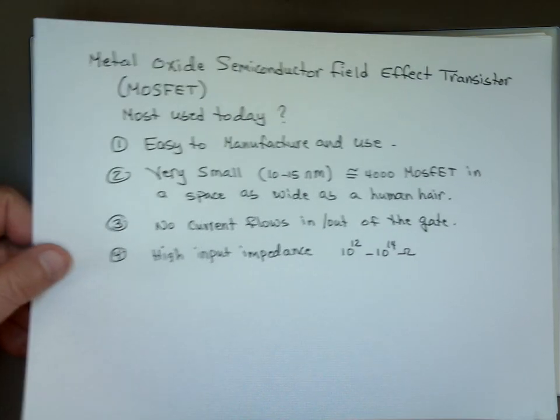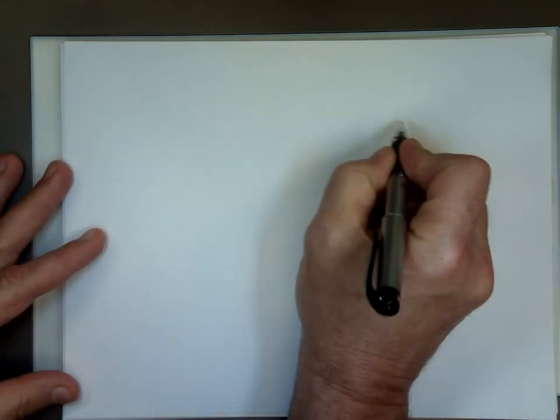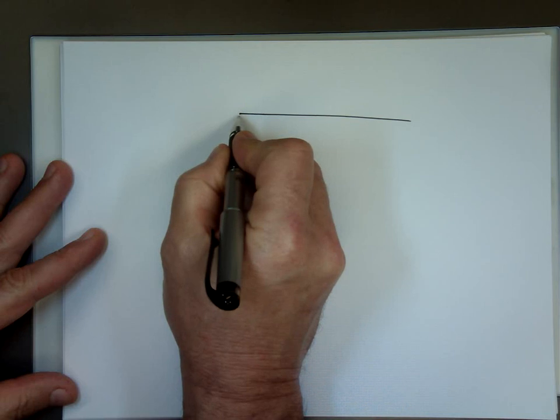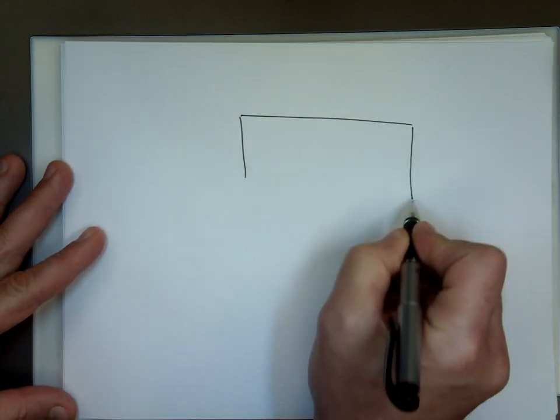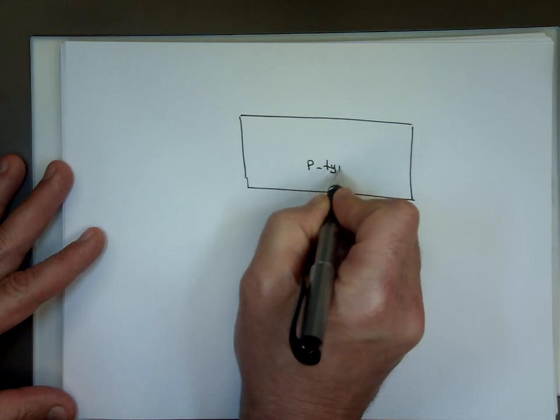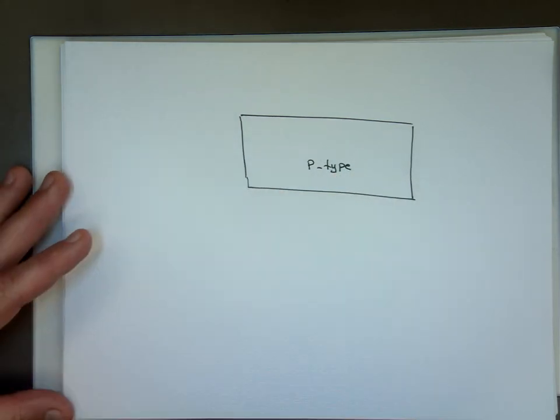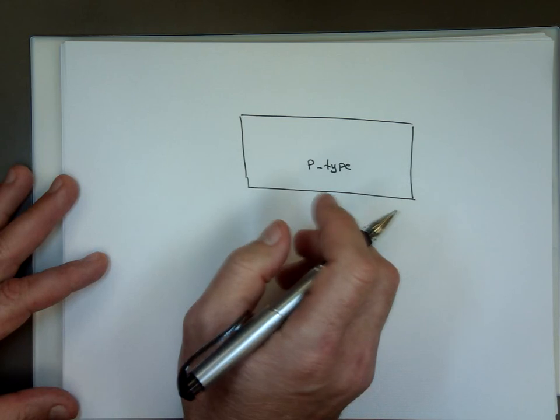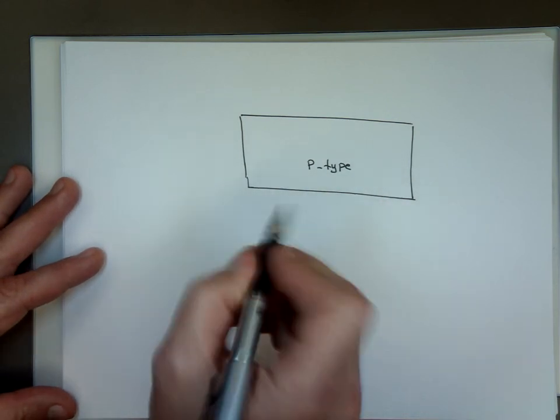To make a MOSFET, we can use P-type or N-type. I'm going to stick with P-type material here. We take a plate, a semiconductor, positively charged, we'll call it P-type. This material is called the substrate.